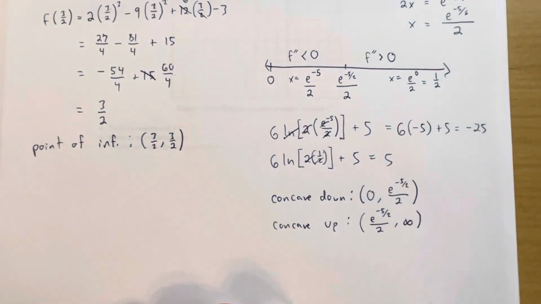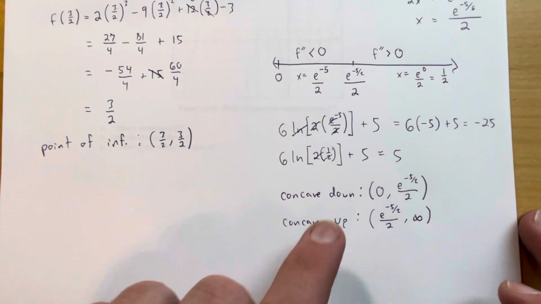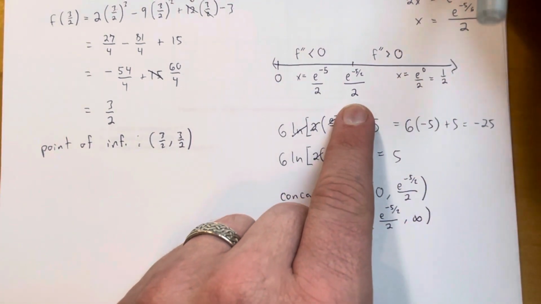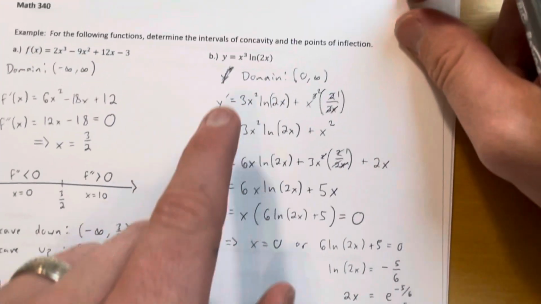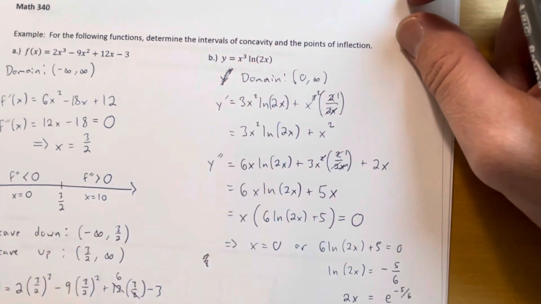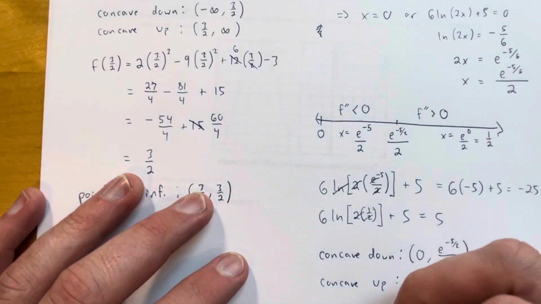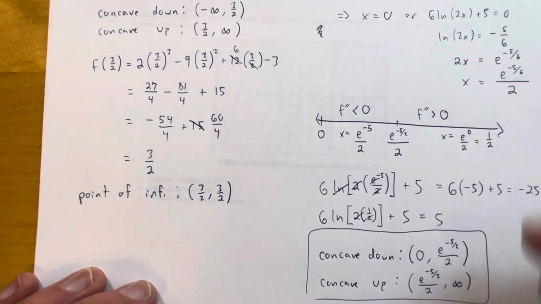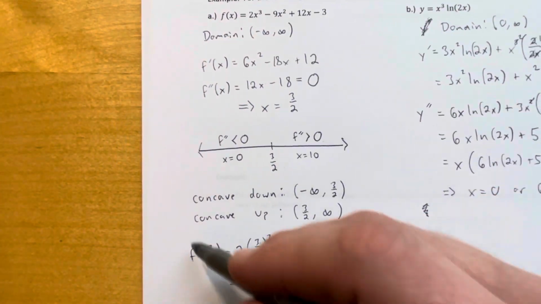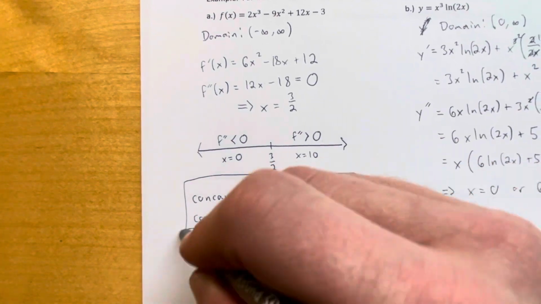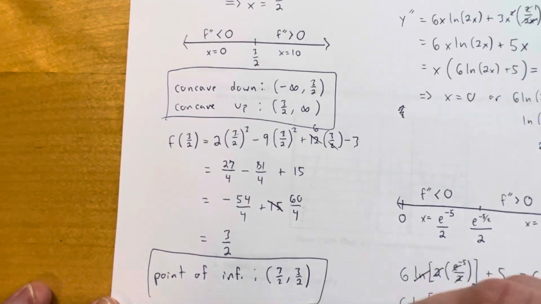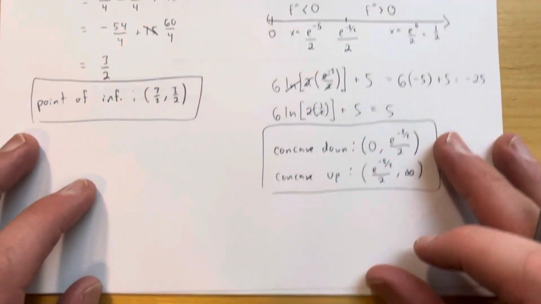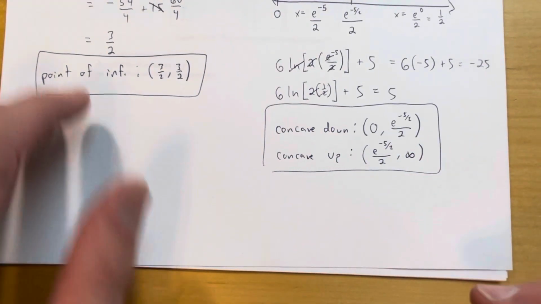For the point of inflection, remember, we have to take this partition number and plug it into the original function all the way up here. So let's do that next. I'm going to box these since that's part of my answer. In fact, let me come back here. I'm going to box these as well, just so it's clear later on where the answers are. Let's do a little bit of work to figure out that point.